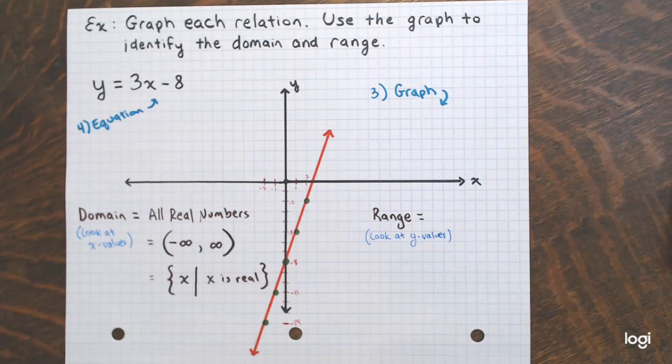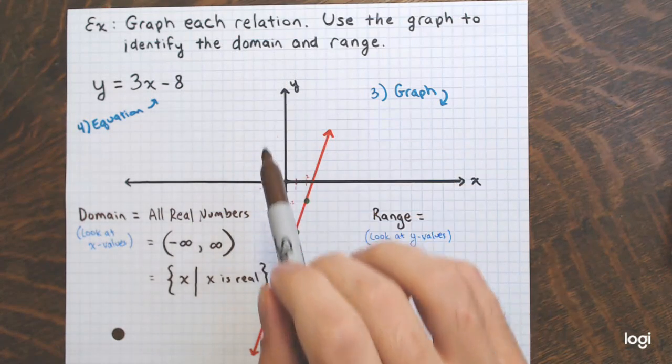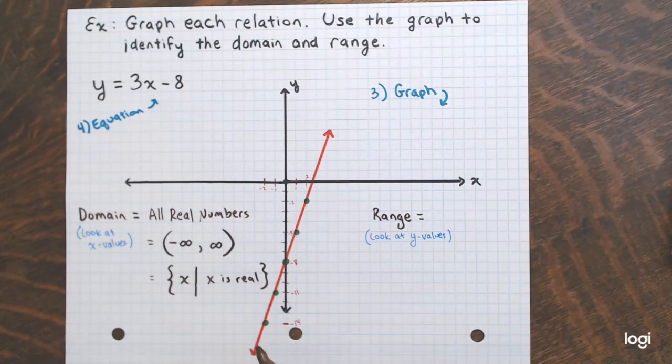So what's in the range are any values in that second set that are actually y coordinates of points on your graph. And here I'm looking bottom up, low to high on the y-axis.